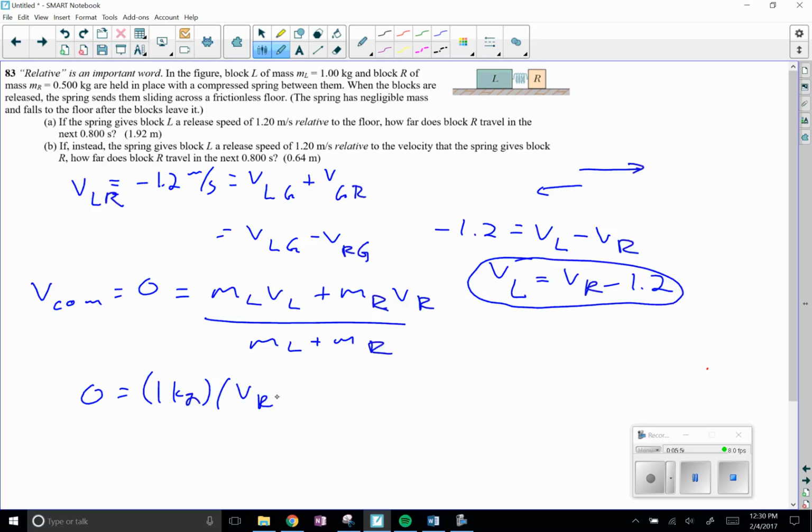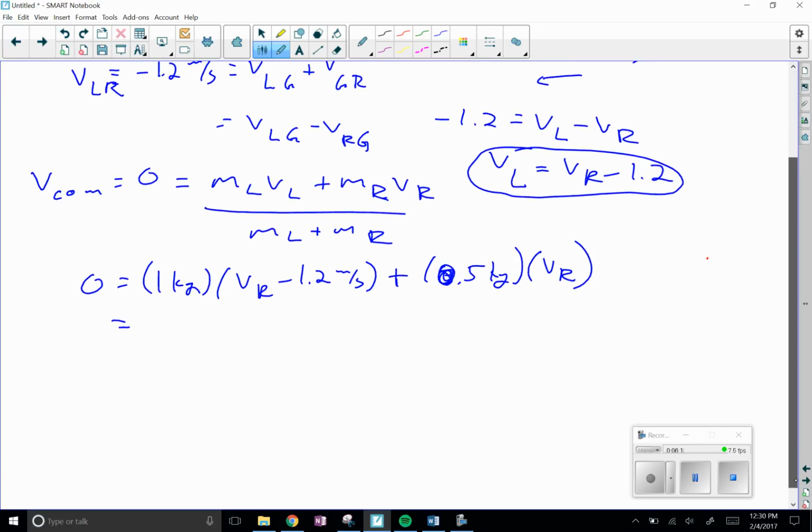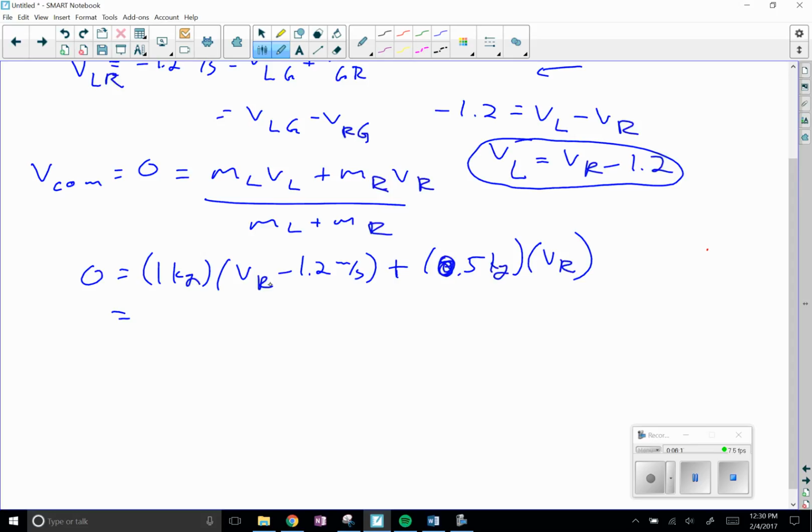The velocity of R minus 1.2 meters a second, plus the mass of block R, which is 0.5 kilograms, times the velocity of block R. And solve that. Let's scroll down a little bit, buy ourselves a little room here. Distribute the 1, you get VR minus 1.2 kilogram meters a second.